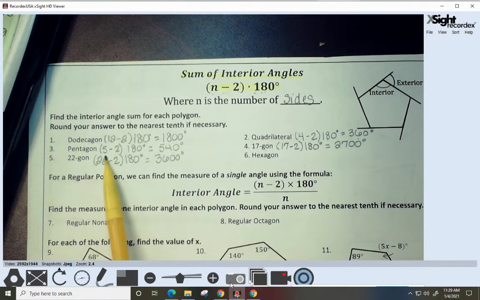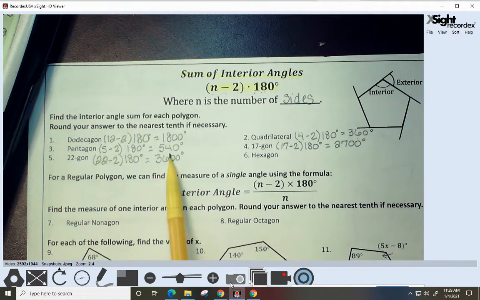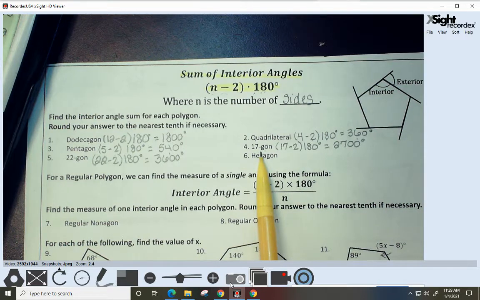A pentagon has 5 sides. Remember, we've already filled out this table. So 5 minus 2 times 180 gives every pentagon 540 degrees on the interior. This one's a 17-gon, so I know it's a polygon with 17 sides.